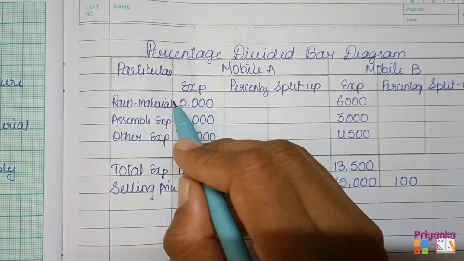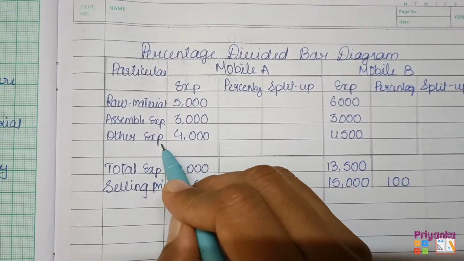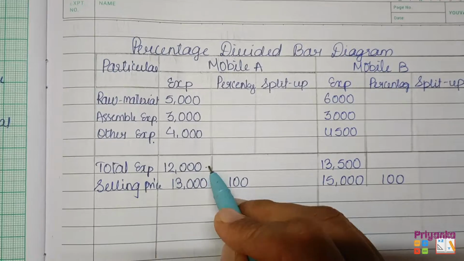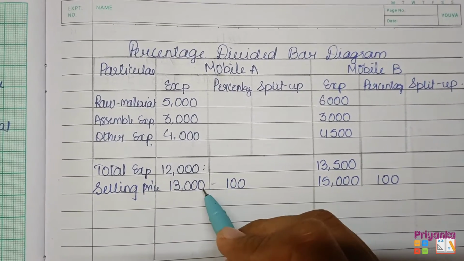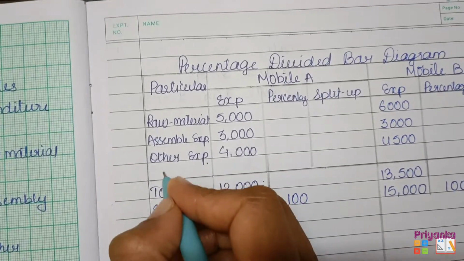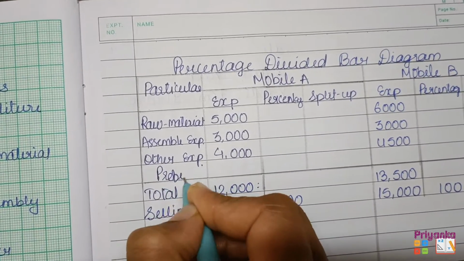First of all, let's take it into the book. So here I wrote the raw material, assembly expense and other expense. The total expense is 12,000. The difference of total expense and selling price will obviously be a profit of 1,000, which has to be shown in the graph.